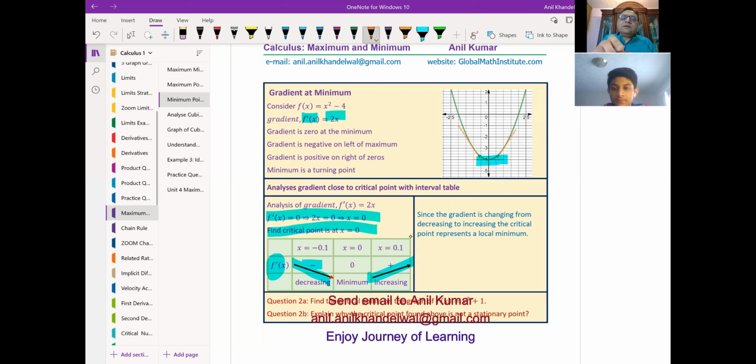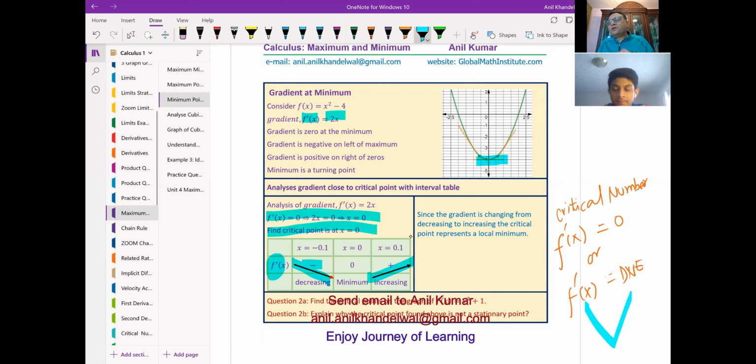So let's understand. When we talk about a critical number, basically you say that the derivative is equal to 0 or the derivative does not exist, right? Does not exist in a case like a cusp or a corner.